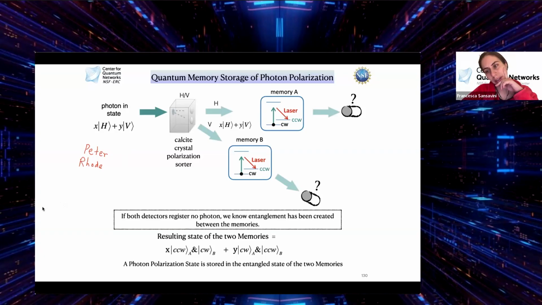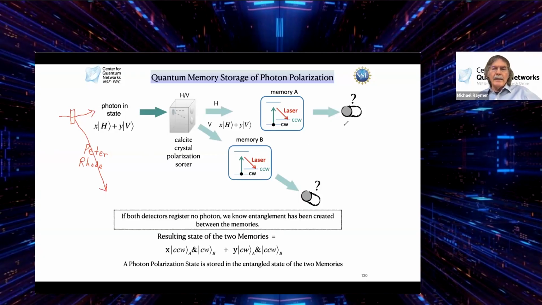They ask if I herald one of the two entangled photons, don't I lose it? Yes, of course, you do. The other thing you could do is use both photons like this, use them both for something.